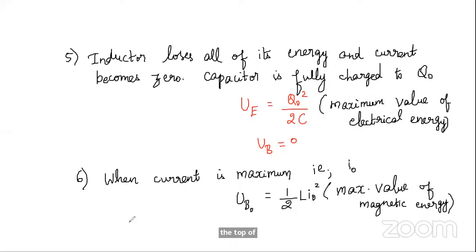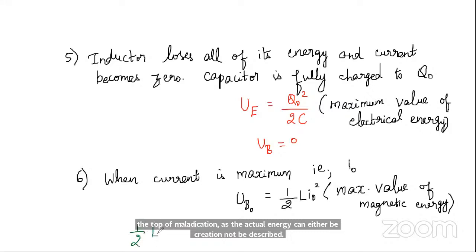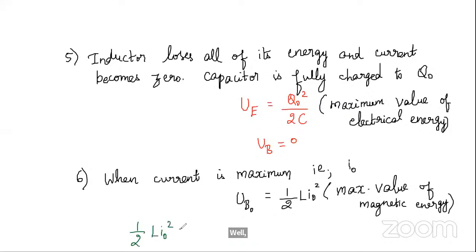So half L I naught square will be equal to half Q naught square by C. So this half and half will be cancelled, and in this process you can find out the value of I naught. That will be Q naught by square root of LC. This is the maximum value of current, Q naught by root of LC.